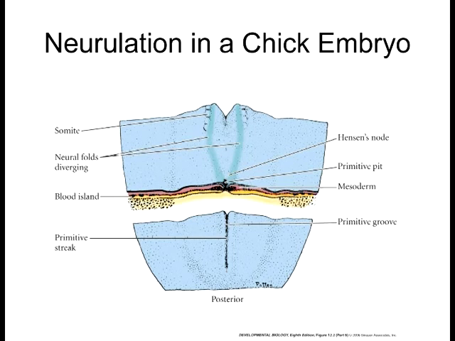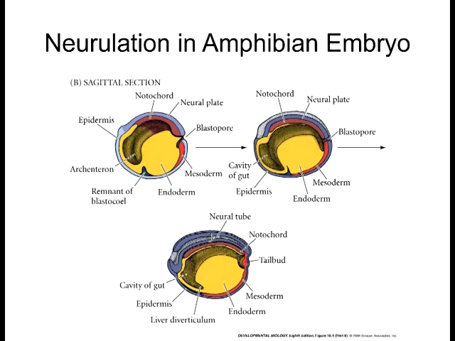So here's the most posterior region. Here's where you get some of these cells that are eventually going to coalesce into mesenchyme, and here you get these neural folds that will undergo primary neurulation. So it's really just the most posterior end that's going to undergo secondary neurulation. From a side view, again, same process as what's happening in the chicken. You're getting the invagination, you're getting the infolding, and eventually closure of the neural tube.